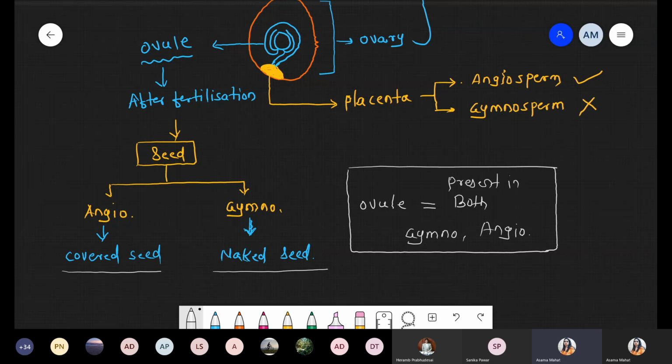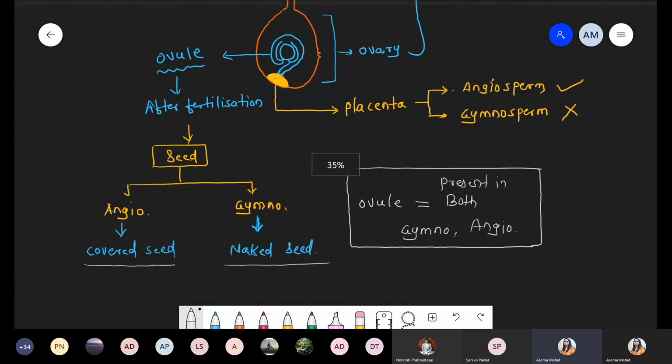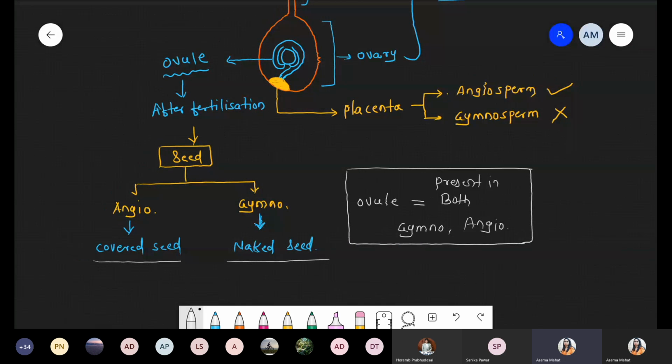The seed pattern, however, varies. In angiosperms, covered seeds are there, meaning seeds with a seed coat. But in gymnosperms, the seed is naked, without cover. We will see this part during regular NEET classes. Got this point?